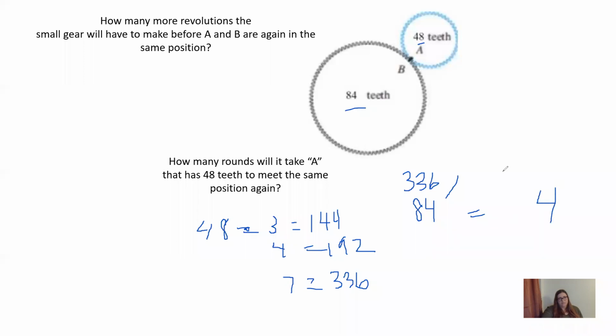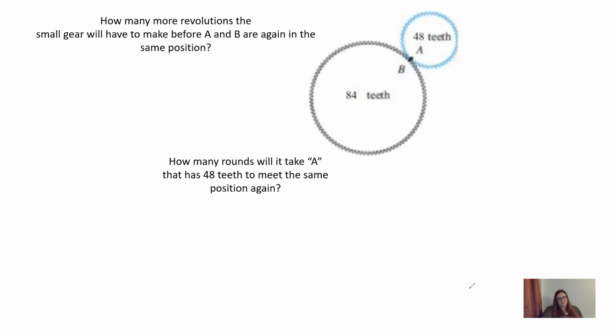So it is going to take the gear with 84 teeth 4 times around, and the 48 teeth 7 times around, in order for them to meet in the same position again. Let's try another one.